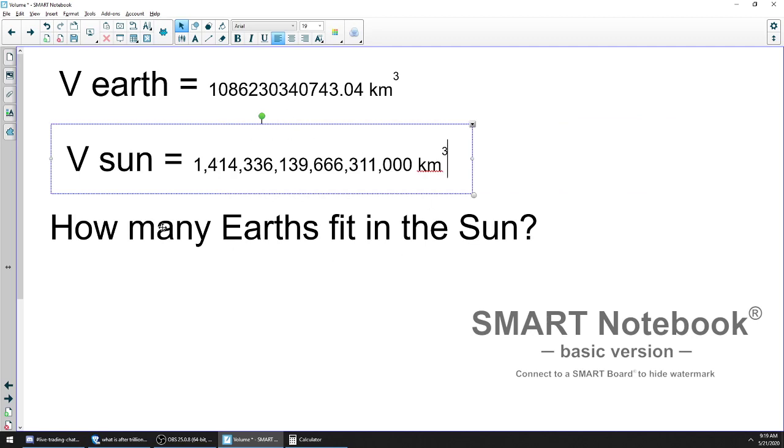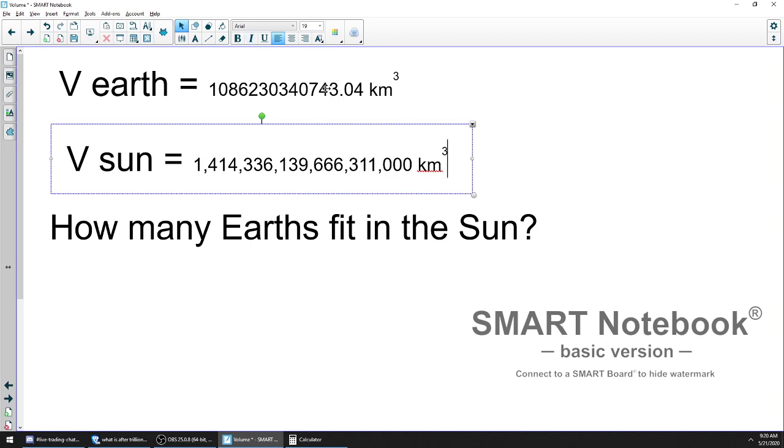Now, while I'm doing this, I want you to think. Using these numbers, if I'm thinking about how many fit into the sun, what operation should I be doing? Adding, multiplying, subtracting, division. Well, I'm going to fit it inside, so I'm not really adding it. So if I'm not adding it, chances are I'm not multiplying it. I could count up how many Earths just by going, 1 Earth, 2 Earths, 3 Earths, but with these big numbers, chances are it would take a long time.